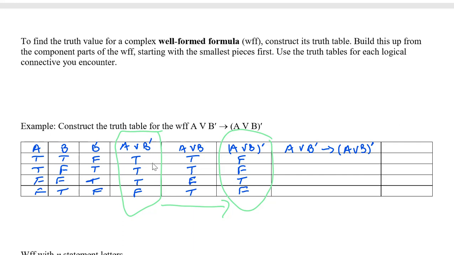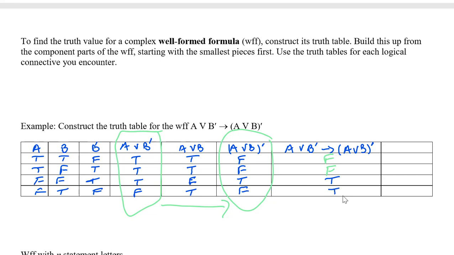So what we said about implication, the only time it is false is when true leads to false. So these are gonna be false, and the rest, true leads to true is true, false, false is true.